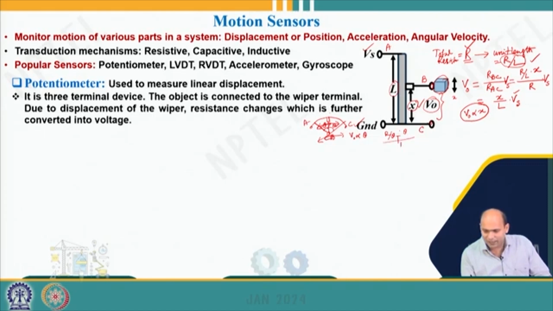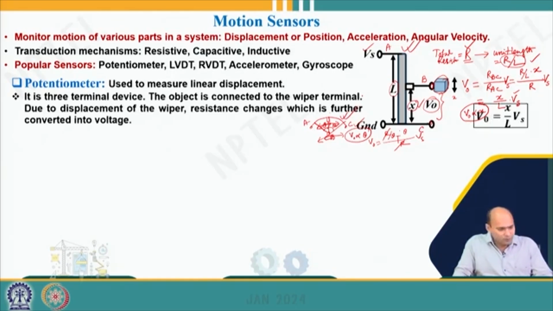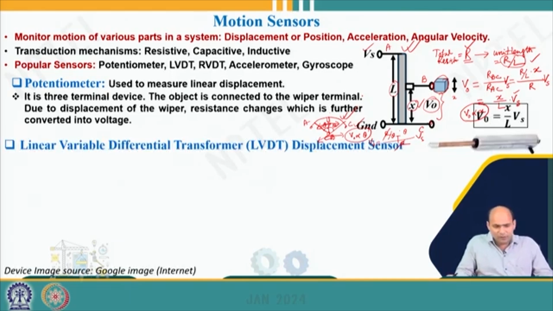And total resistance is R, so in that case my V output will be simply, R R will get cancelled out, and I will be getting V0 proportional to theta, is not it? So in this way I can use my potentiometer. This potentiometer can be used for linear displacement measurement, and this kind of potentiometer can be used for angular displacement measurement, right?